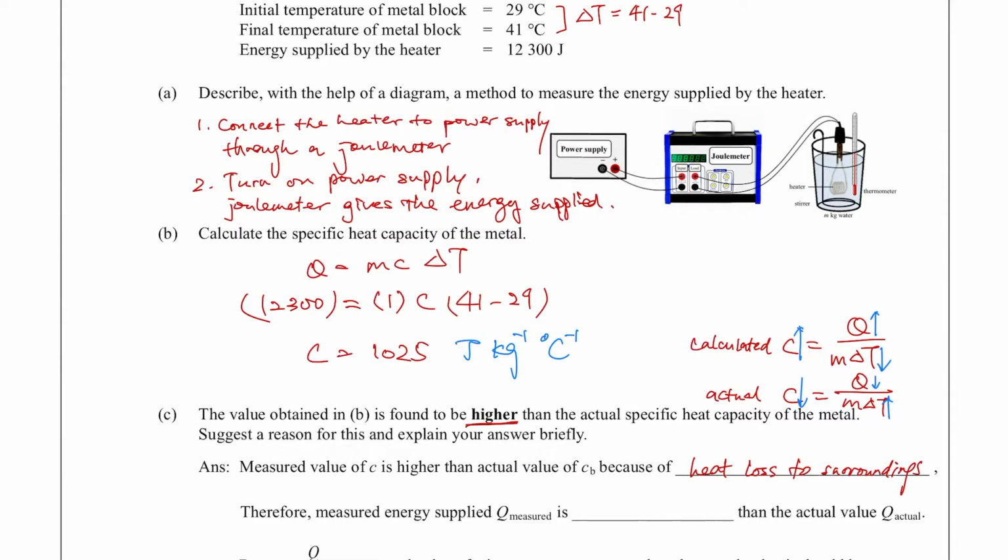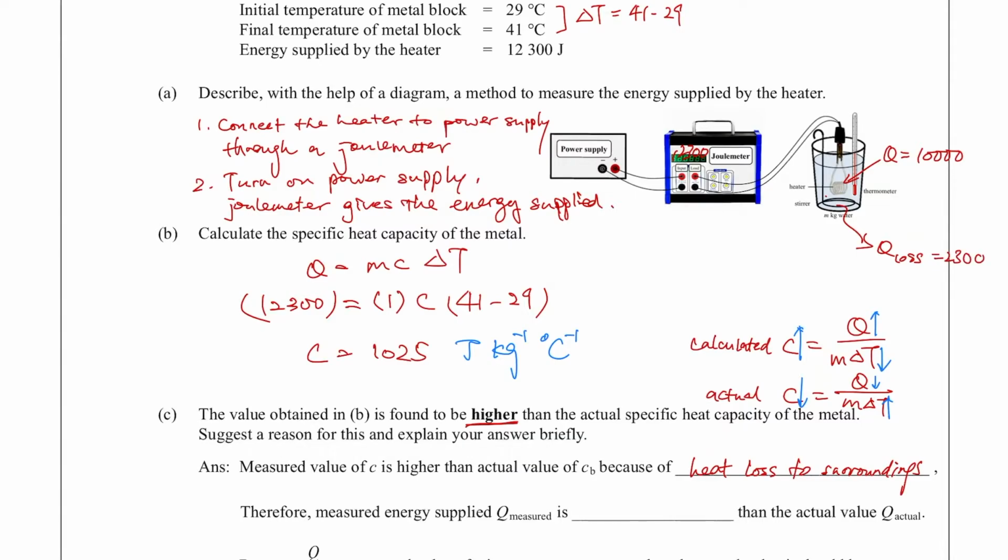So to explain this, when there is heat loss to the surroundings, when there is Q loss, let's say the joulemeter has measured 12,300 joule of energy. However, because of the heat loss, actually the amount of energy that stayed in the metal may just be, let's say, 10,000.